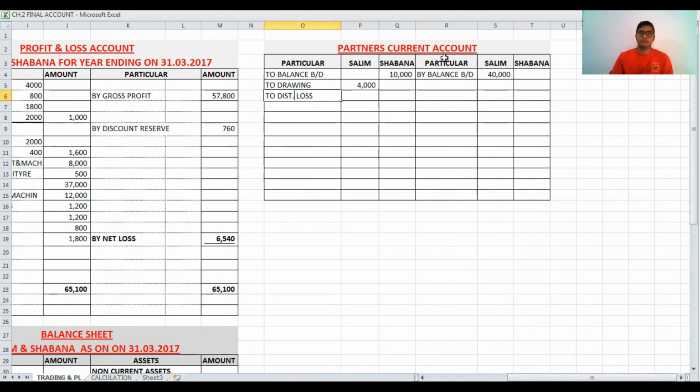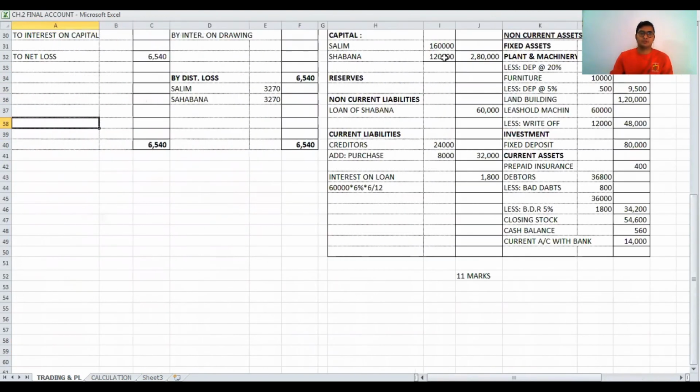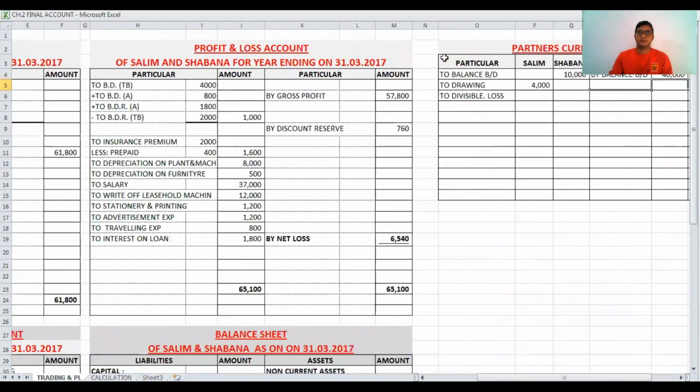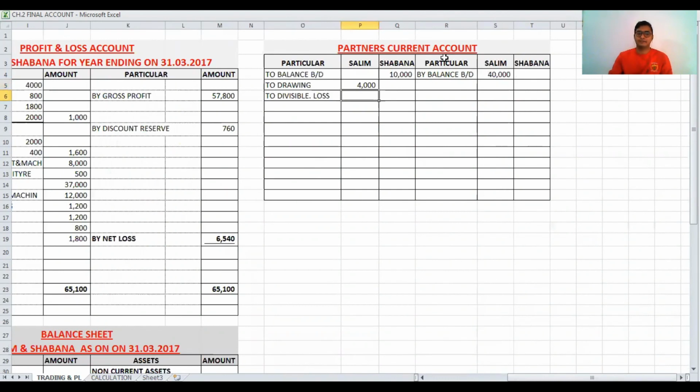Okay, we have to call it divisible loss. Here also divisible loss. Now this divisible loss, 3,270, is recorded on the debit side.